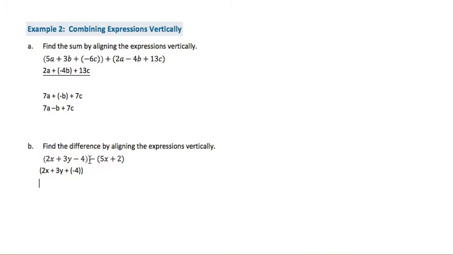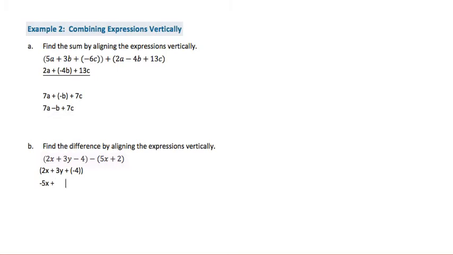And then we're going to be subtracting 5x plus 2. So we'll have to change this to addition and change the sign of each of those terms. So then what we want to do is negative 5x and we're going to be adding a negative 2.